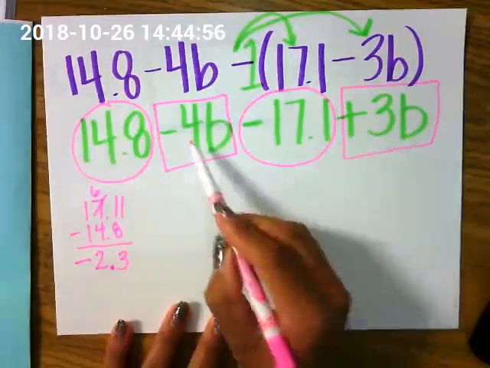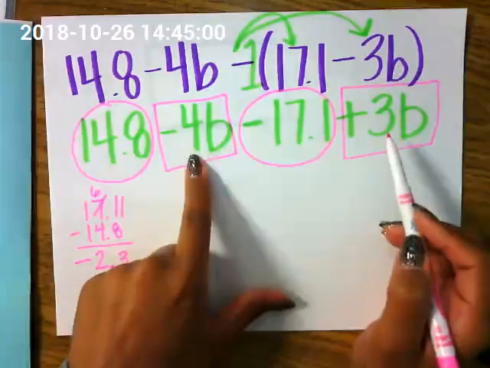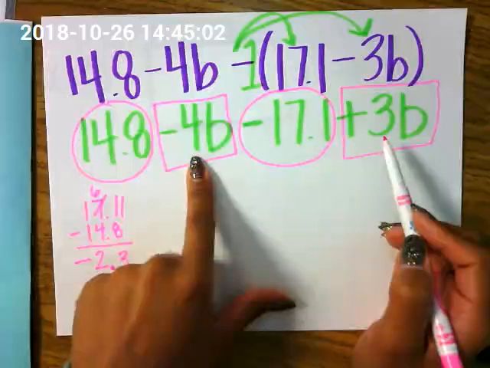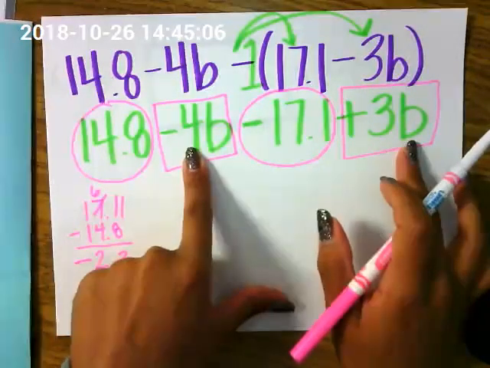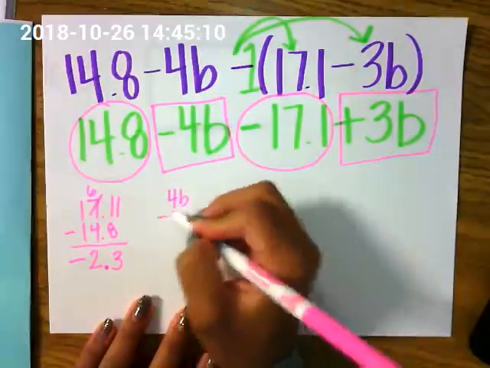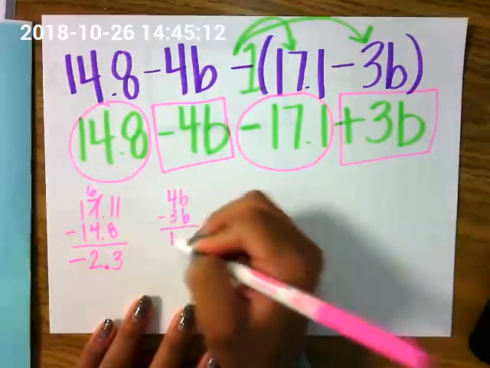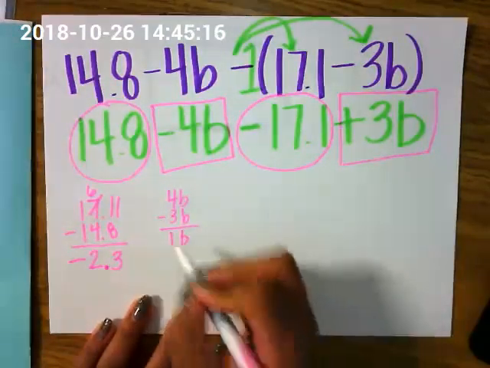And then -4b plus 3b. Same sign or different? It's different. We have a negative and a positive. So what operation are we going to use? Subtraction. So 4b minus 3b is 1b, or just b. And so is it going to be positive or negative?